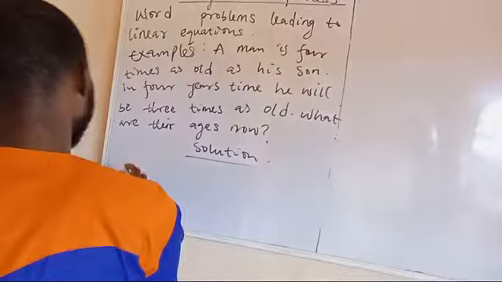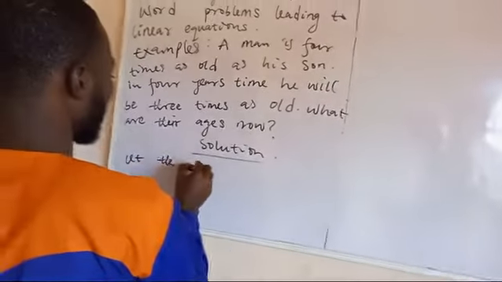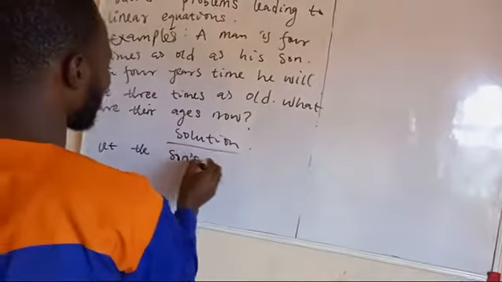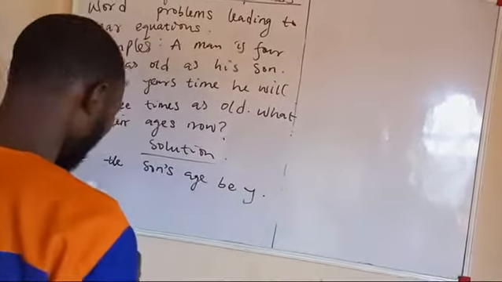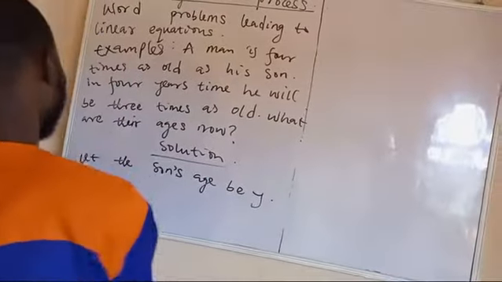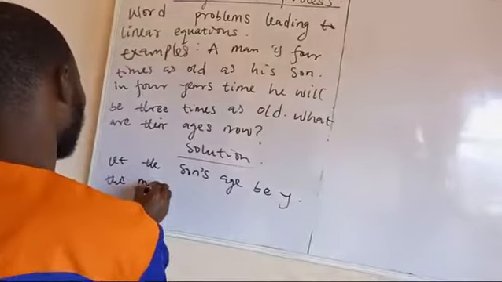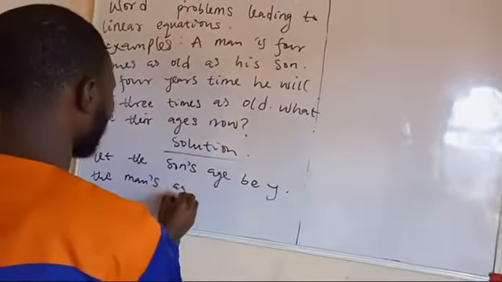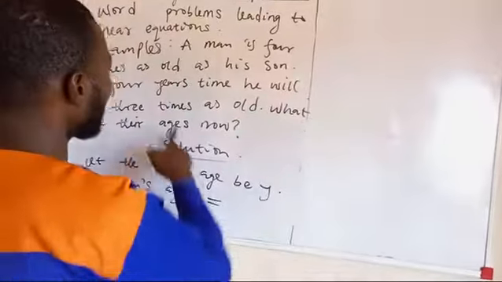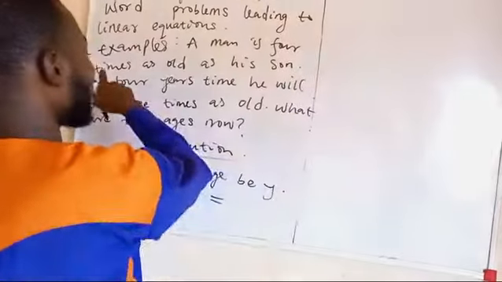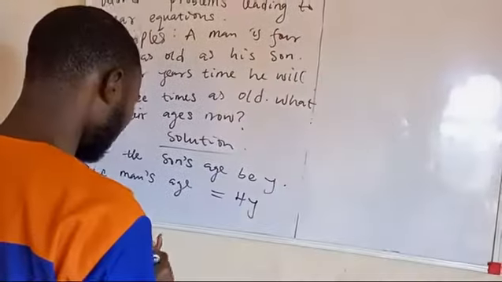Let the son's age be y, and the man's age will be 4 times y, that is 4y.